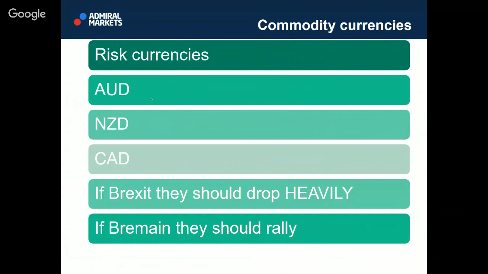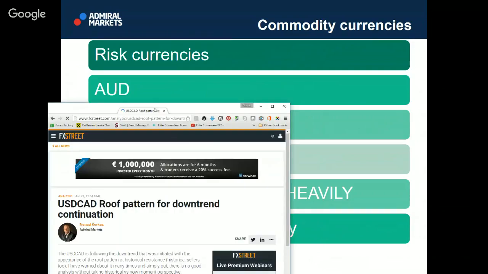Actually, CAD was going up, dollar was going down, oil was going up, equities up, risk currencies up. You could have made 50 easy pips if you shorted dollar CAD where I told you to go short, and actually I will show you my analysis. This was my analysis I did with Forex Street. This was an exclusive analysis.